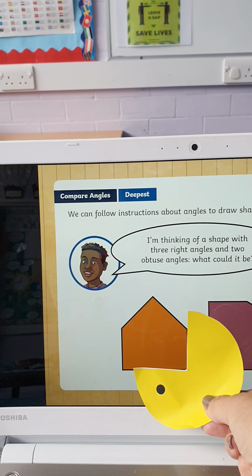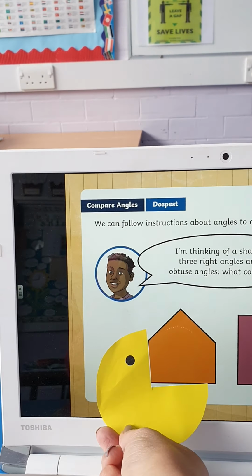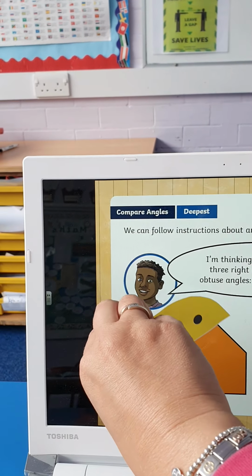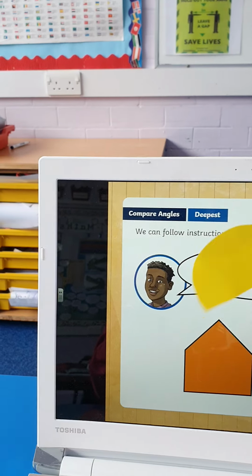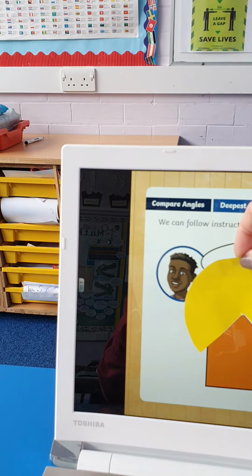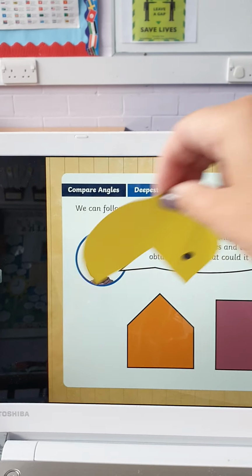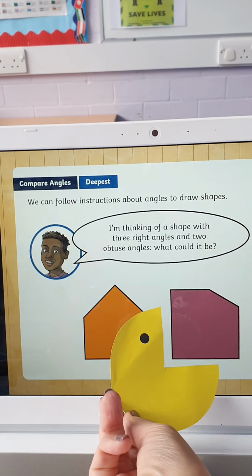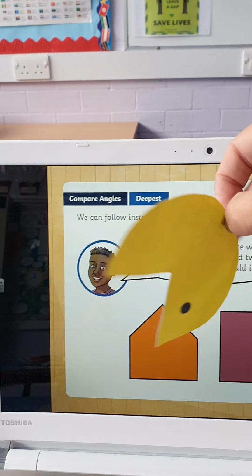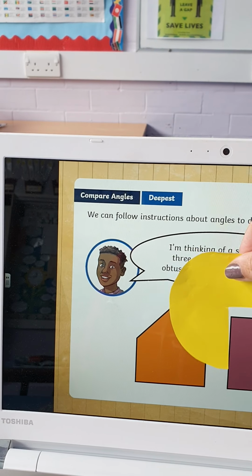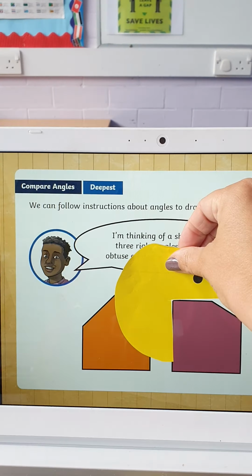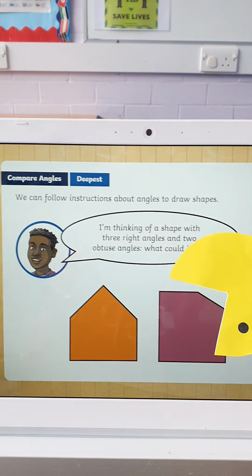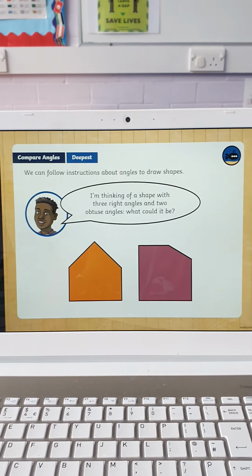So these angles are your right angles, and these are bigger, so they are obtuse angles, and at the top you've got another right angle there. Here you've got 1, 2, 3 right angles, and these 2 angles here are both much bigger than the right angles, so they're the obtuse ones.